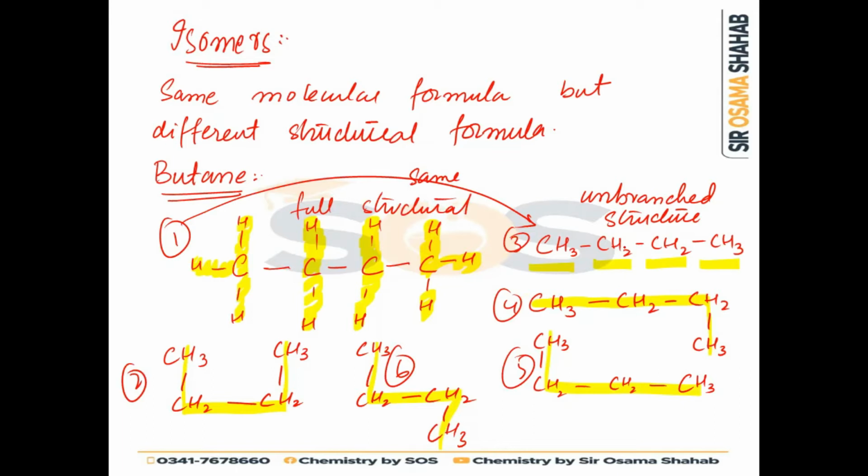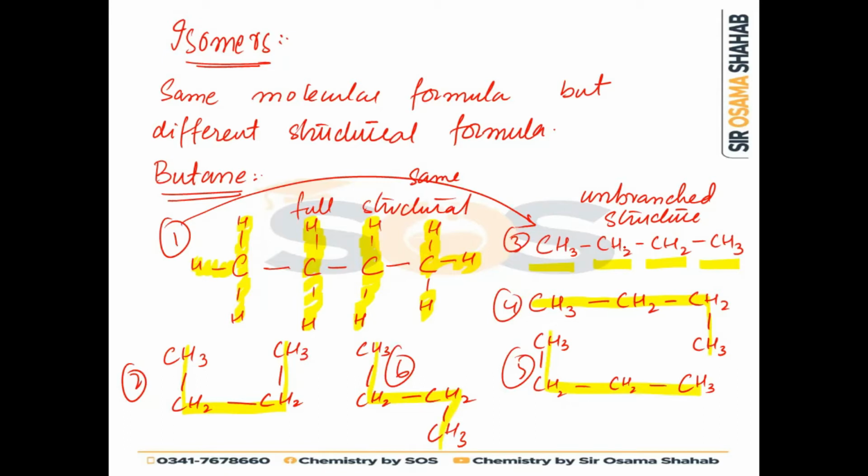So we have 5 different drawings right now, and all are the same structure. They are all linear, unbranched structures. There is no difference in any one of them. So they are not isomers of each other because they are the same structure.